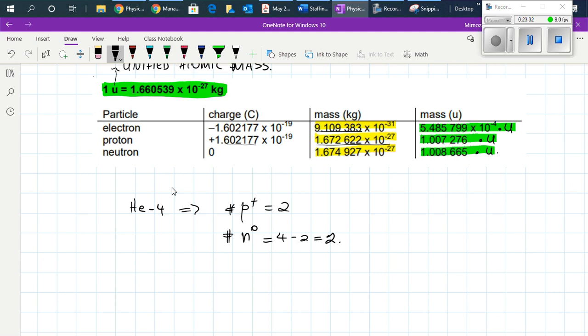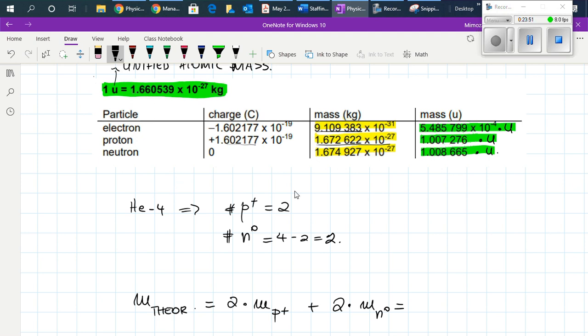not bound together into the nucleus, the mass, let's call it theoretical, will be 2 times the mass of the proton plus 2 times the mass of neutrons.